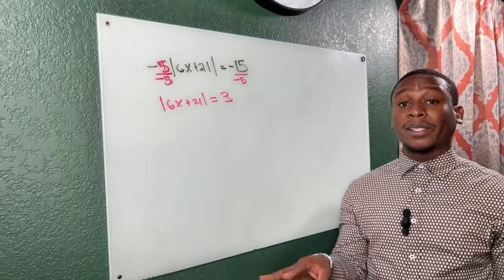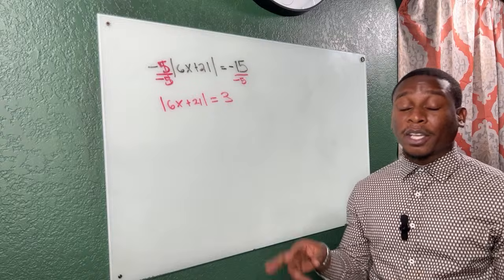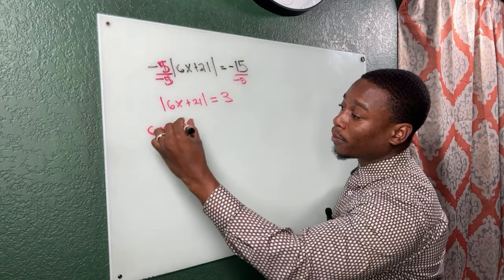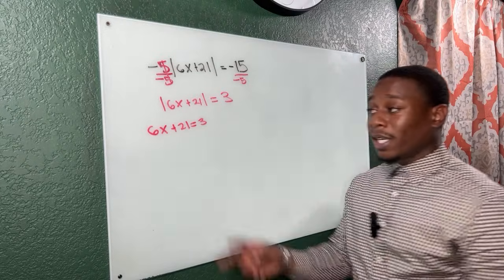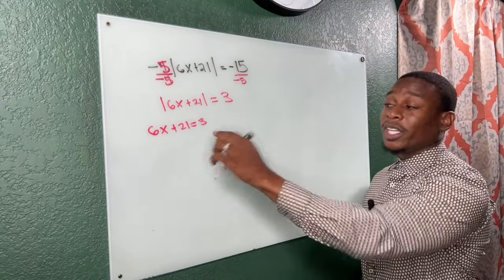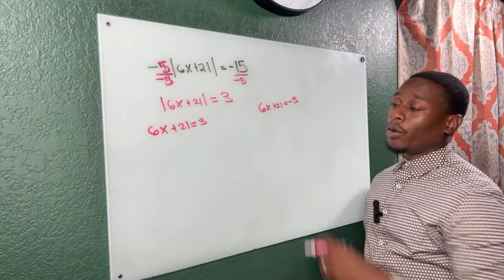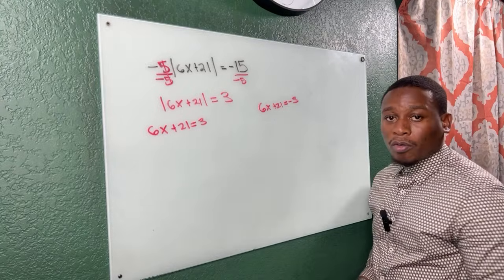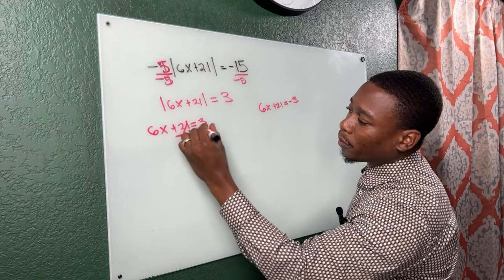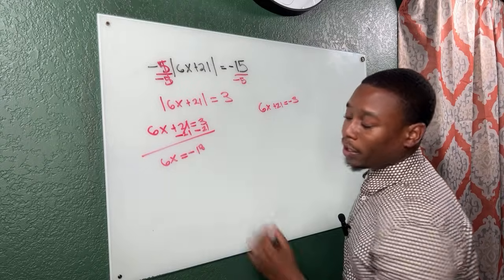Now that it is positive, I am able to now drop the absolute value brackets and create 2 equations. So the first equation is the same thing you see. The second equation is the same thing, but now our constant, or what the equation is equal to, is negative. Okay? And now it turns into a regular 2-step or multi-step equation. Subtract 21, 6x is equal to -18.